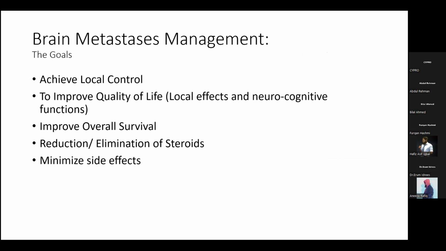Because if the lesion is somewhere in eloquent areas like the motor cortex and the patient is having a motor deficit, of course we have to remove this so the patient can have a better quality of life, and to improve survival, as well as reduction and elimination of steroid, because steroid is the first line treatment, and we cannot keep the patient on steroid all the time. So it has to be reduced due to its long-term side effects. And unless we offer some local treatment, the need for steroid will keep increasing during the course of brain metastasis, and to minimize the side effects, of course.